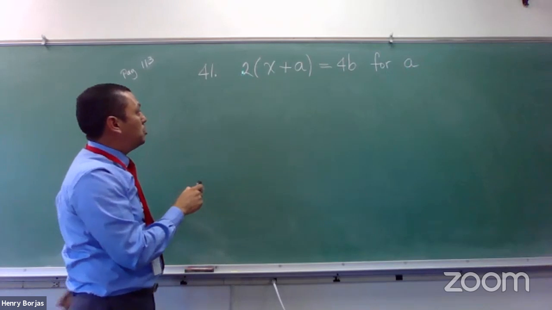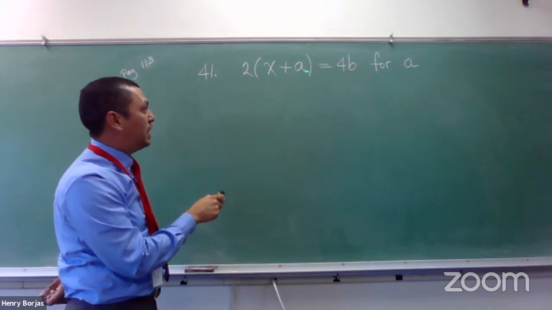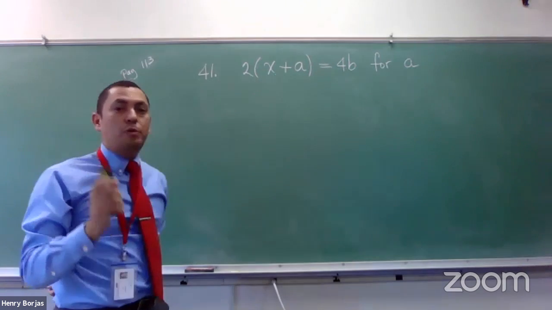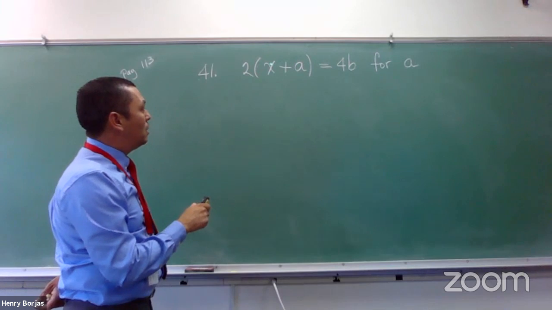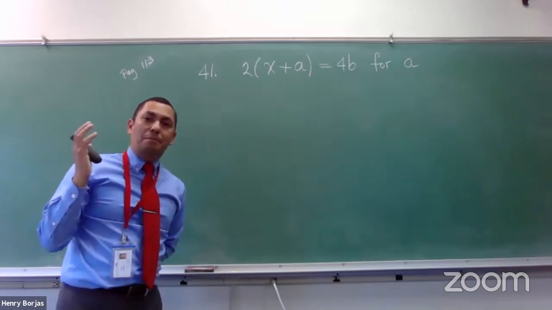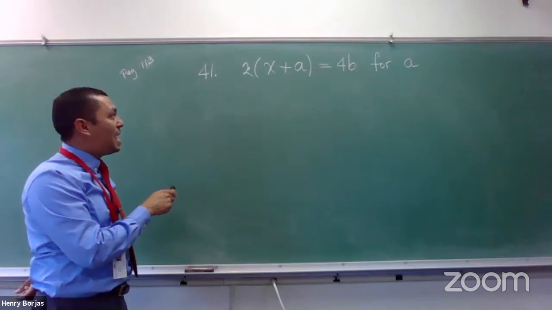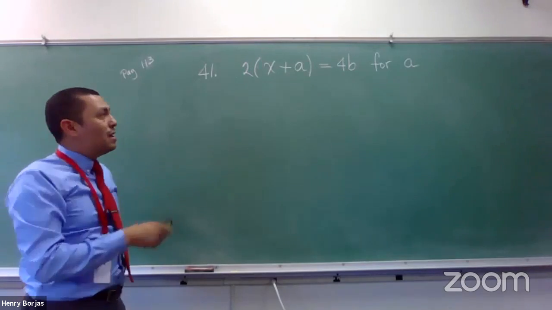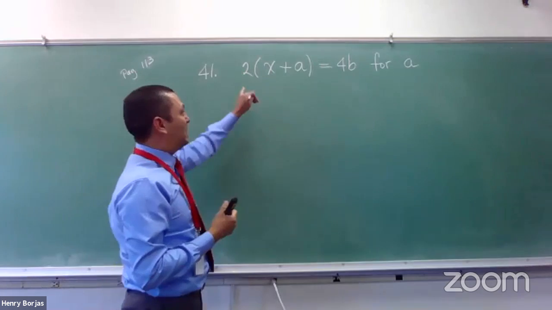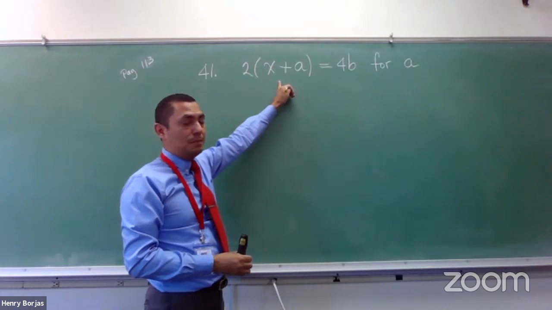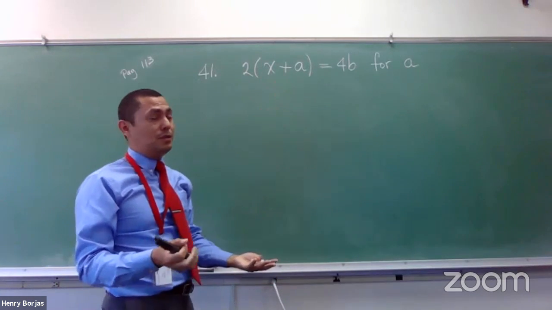Okay, so I have this expression 2 parentheses x plus a equals 4b. Always keep an eye on which variable we are solving for: a. So what I'm thinking in this case is to get rid of this 2. What came to my mind first is to apply the distributive property. That's an option.